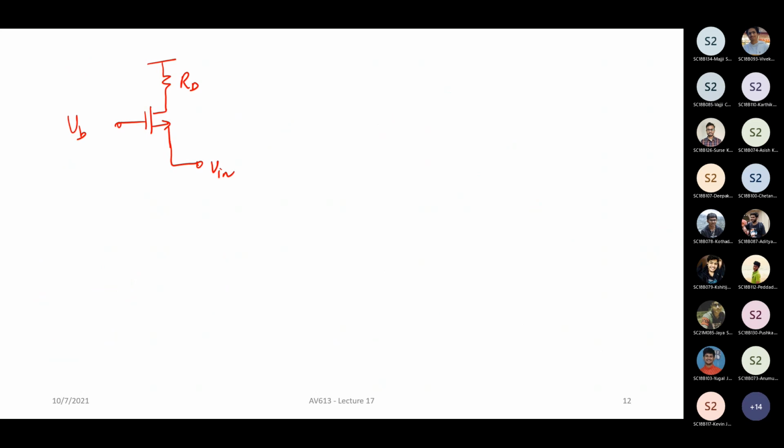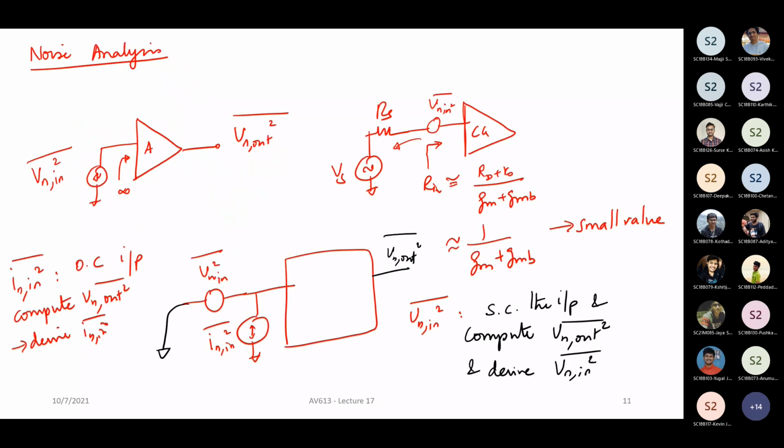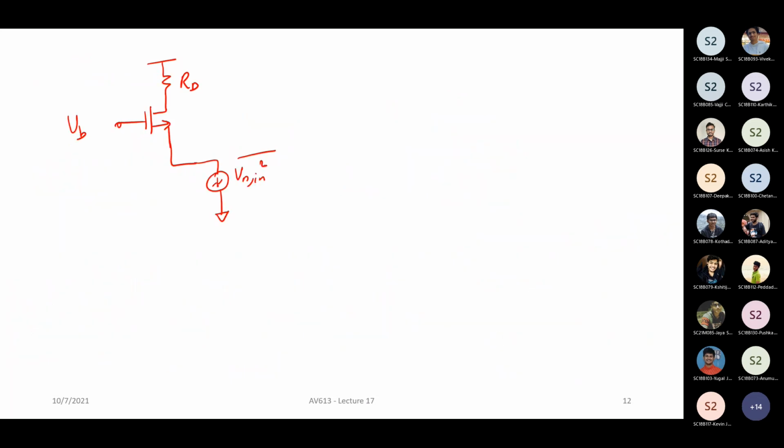We short circuit the input. In other words, we say this is my Vn in squared bar, and then this is grounded. So basically, this is your common gate. You have your input referred noise voltage power spectral density source, and then you ground the other side.